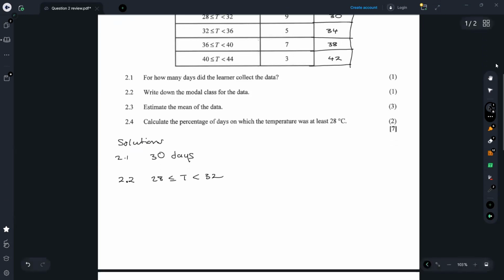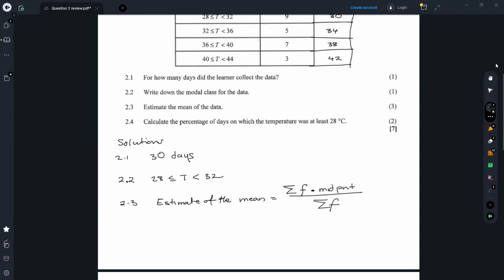So now, what's the reason behind that? If you want to estimate the mean of the data here, the estimate of the mean is equal to the sum of the frequency multiplied by the midpoint of the class interval, divided by the sum of the frequency again.